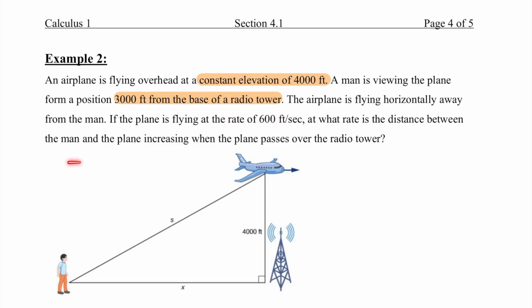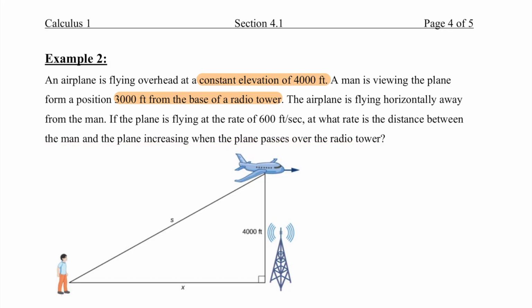So the airplane is flying in this direction with the rate of positive 600 feet per second. We want to find how fast the distance between the man and the plane is increasing when the plane passes over the tower.